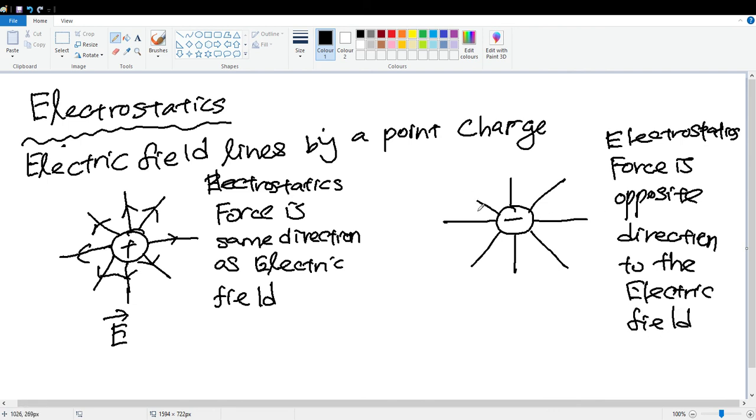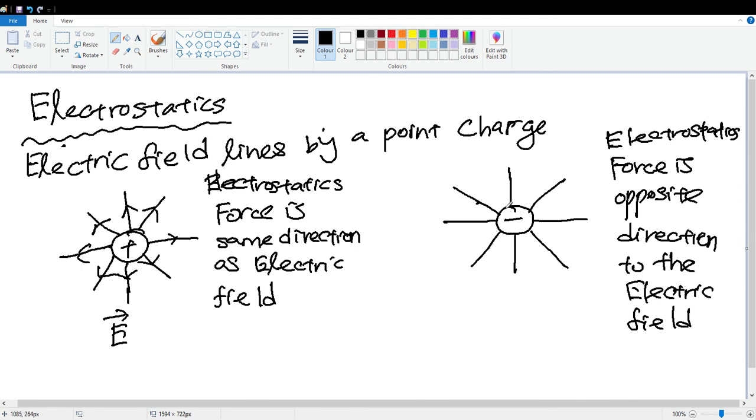So this concept is similar to the positive charge. These eight lines could be the possible directions in which the negative charge will move forwards.